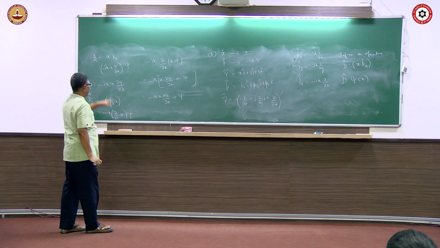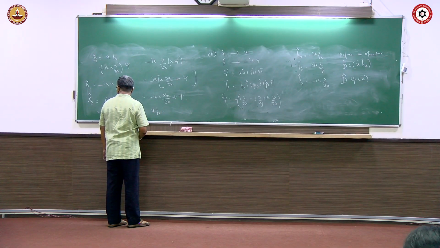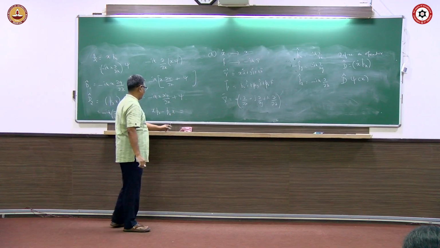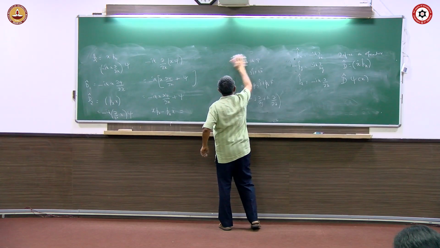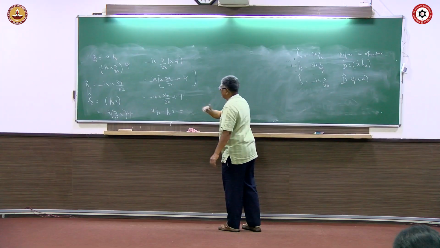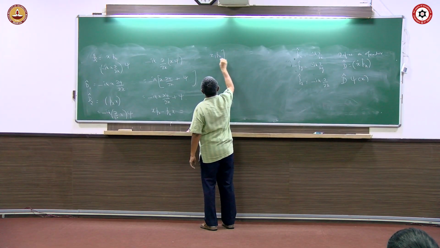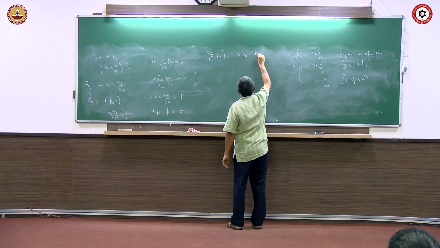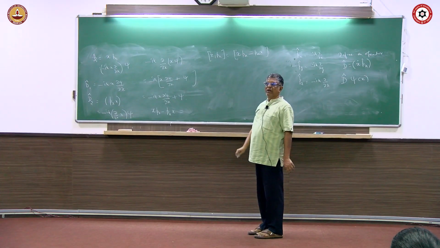Now, what is this? This is nothing but [x, p_x] = x p_x minus p_x x. What is this quantity? This is the commutator. Now, find the value. This is what I am trying to evaluate.